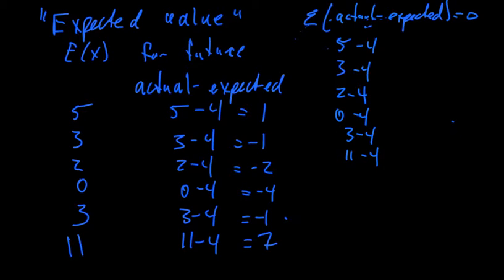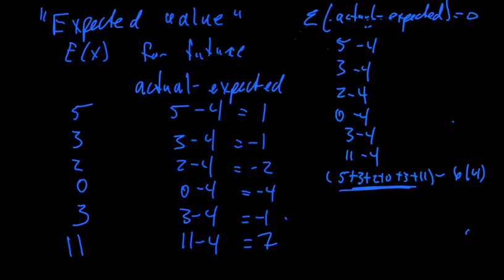You could regroup these slightly and say that this is the first numbers, 5 plus 3 plus 2 plus 0 plus 3 plus 11, and then minus, that's what? That's 6 4s, right? 6 times 4. Well, this right here, that's the top half of our calculation for population mean.